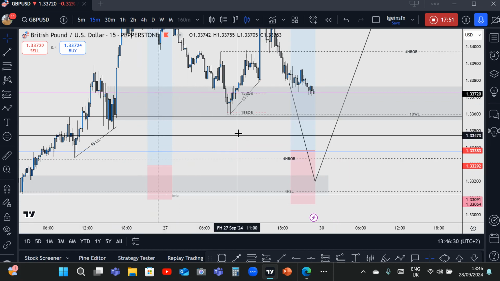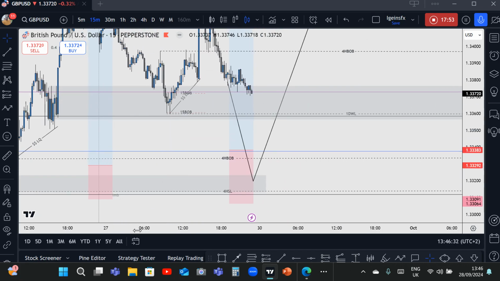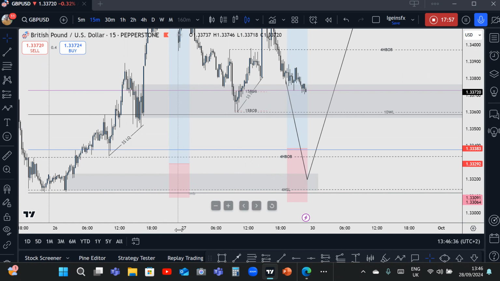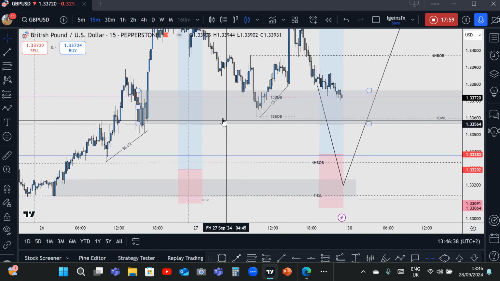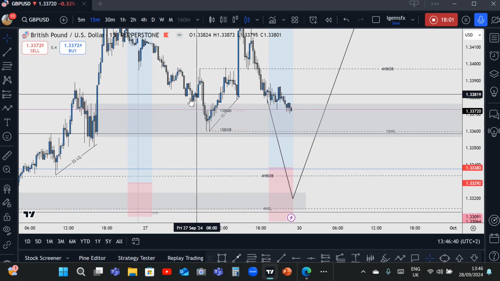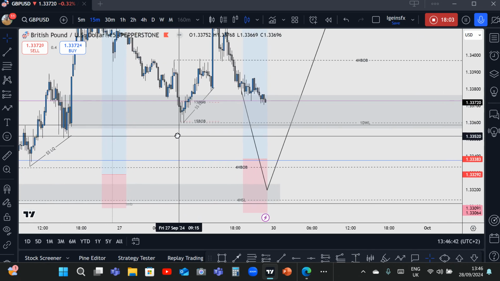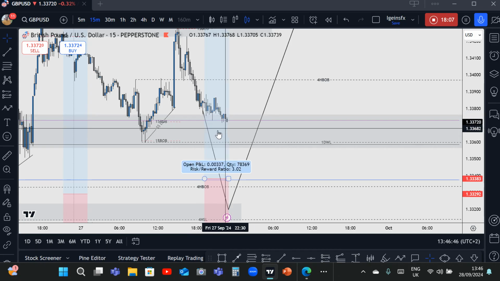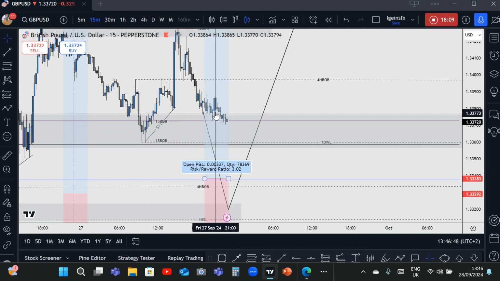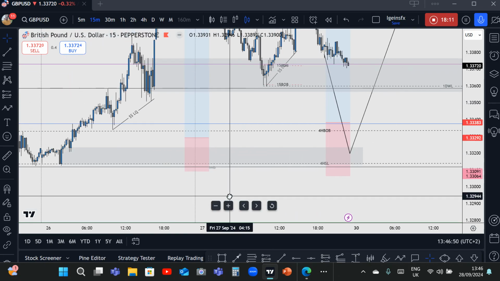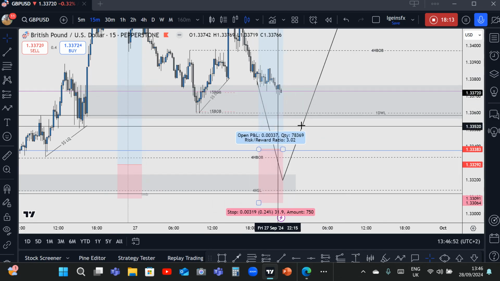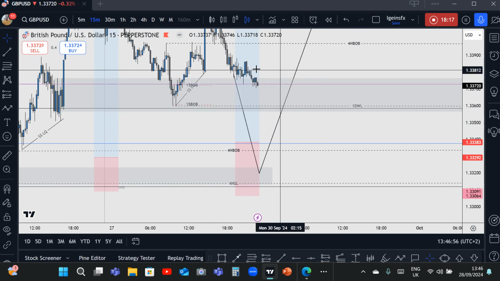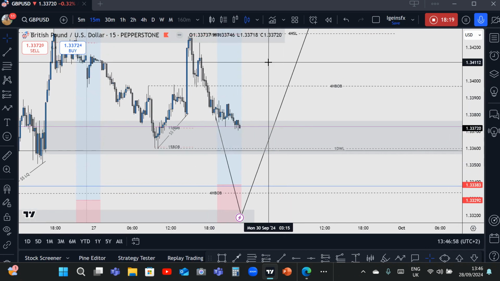For a support level to be valid and very strong, price in the past must have reacted to that level more than once. As we can see, this is the first one, the second one, and this is the third one that price is pulling back to retest this level. If it holds, that means price will turn from here.